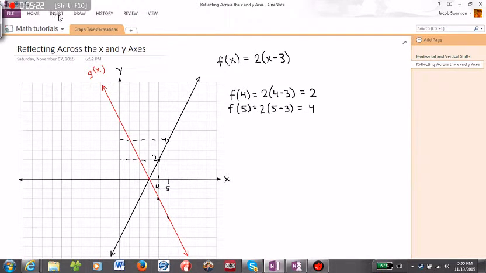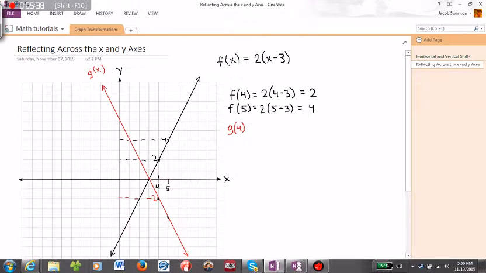On the other hand, for g of x, when we use g of 4, we can look on this graph and see that this hits at -2 instead of +2.